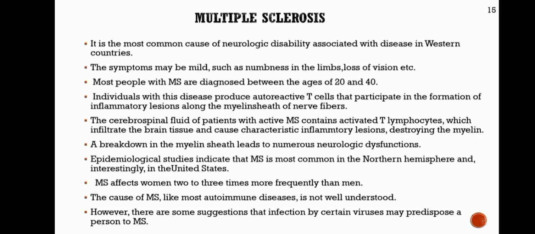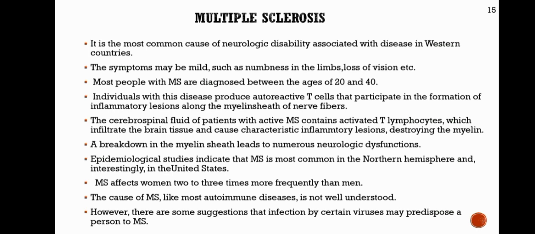Individuals with this disease produce autoreactive T cells that participate in the formation of inflammatory lesions along the myelin sheath of nerve fibers. The cerebrospinal fluid of patients with active MS contains activated T lymphocytes, which infiltrate the brain tissue and cause characteristic inflammatory lesions, destroying the myelin. A breakdown in the myelin sheath leads to numerous neurologic dysfunctions.